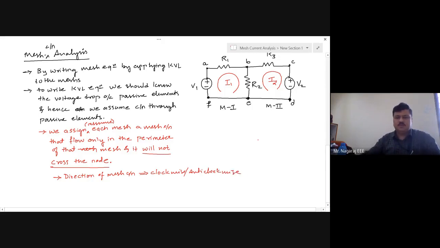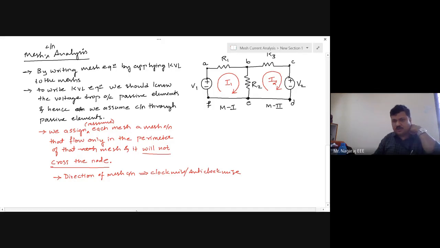But one thing we should remember, if I take clockwise in one mesh, in all other meshes I should take clockwise. If I take anti-clockwise in one mesh, in all other meshes I should take anti-clockwise. I should not mix clockwise and anti-clockwise direction of the currents in a single circuit. So if I assign the direction of current clockwise in mesh 1, the direction of current in mesh 2 should also be clockwise.